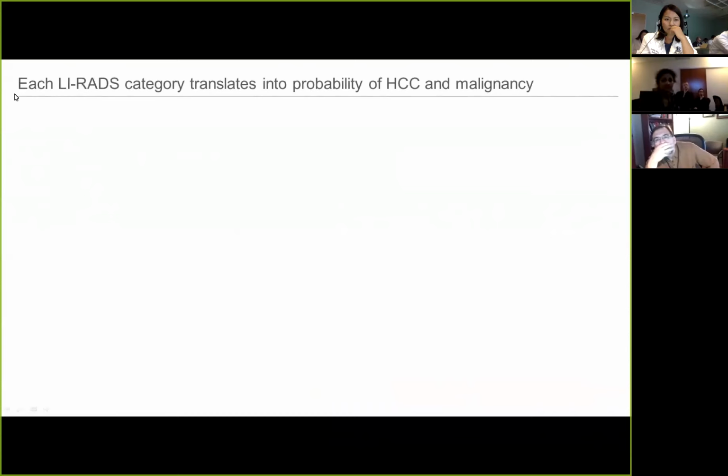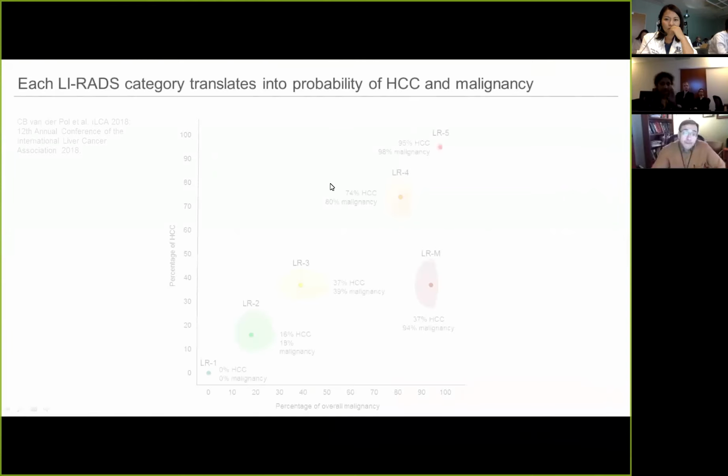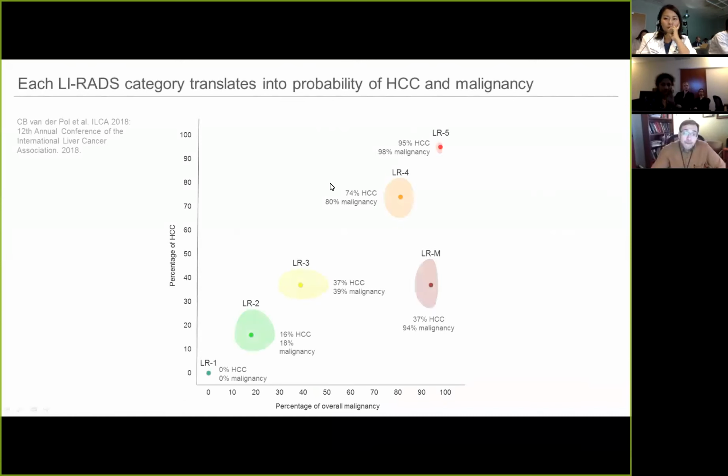So I just want to touch on one last point, which is that each LI-RADS category translates into a probability of HCC. And again, this graph is in the core and is based on the meta-analysis that is in the process of being published. You can see that each category has its expected percentage of HCC and percentage of overall malignancy. It's a really nice graph supporting the criteria.